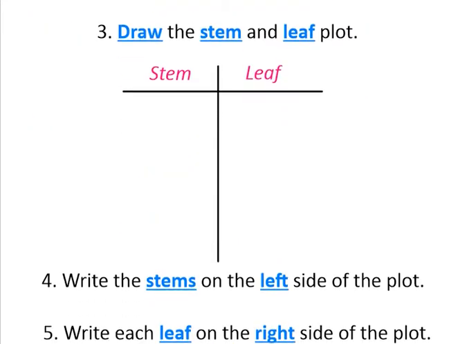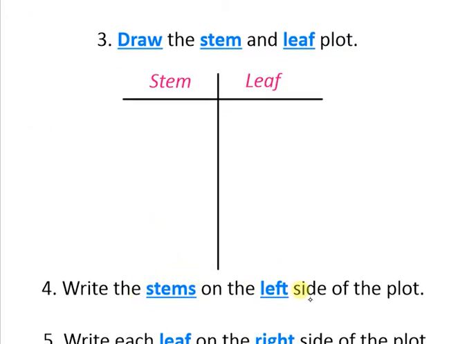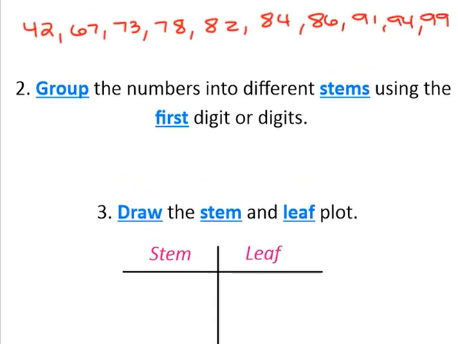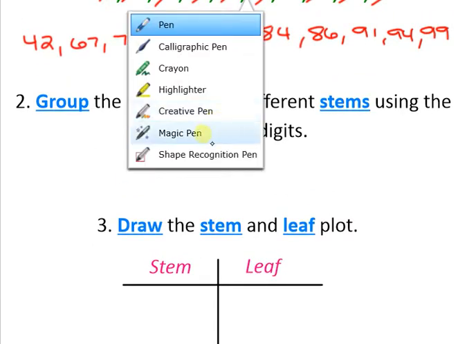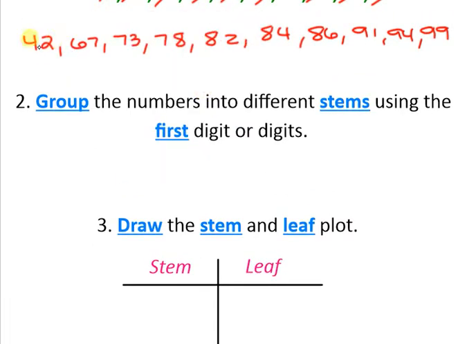And then for number 4, we're going to write our stems on the left side of the plot. Now I'm going to highlight what our stems are. So we have 4, 6, 7, 8, 9. We do not repeat our stems. However, we cannot skip numbers.